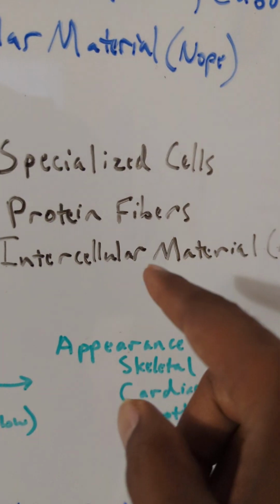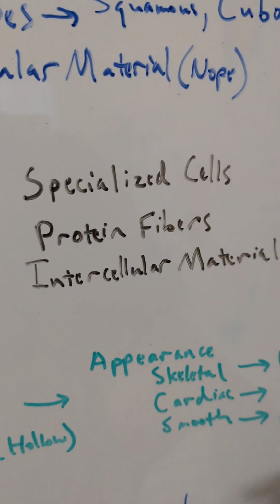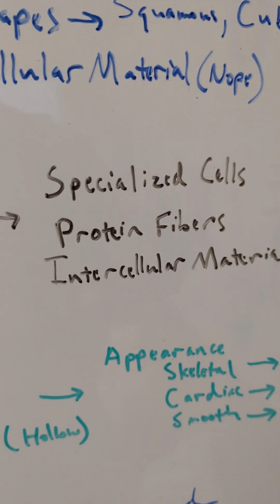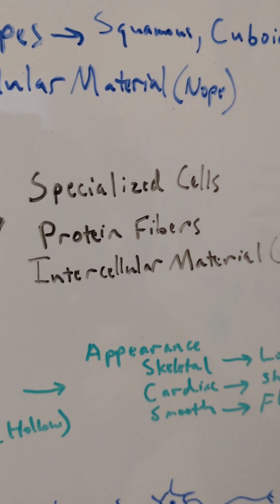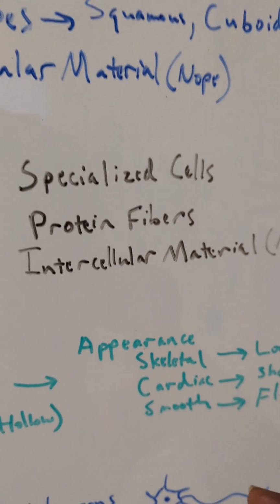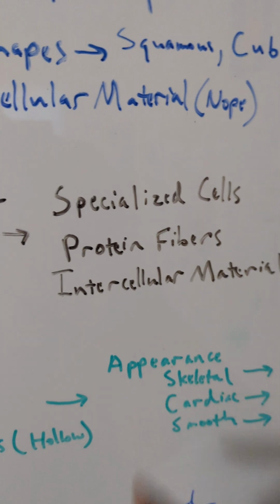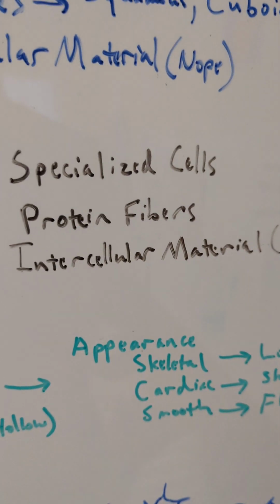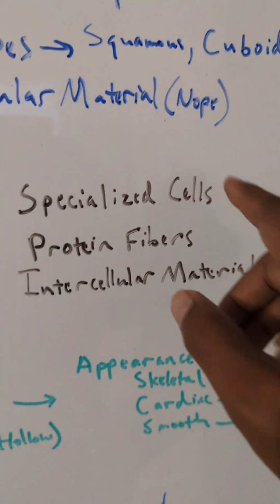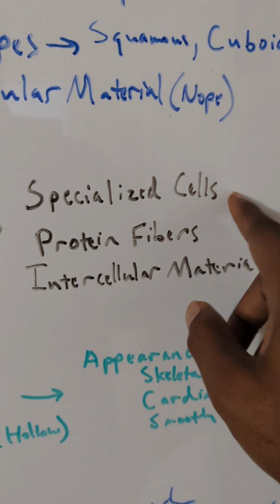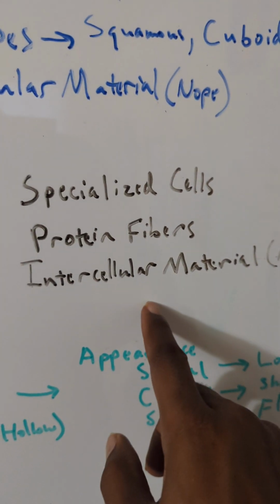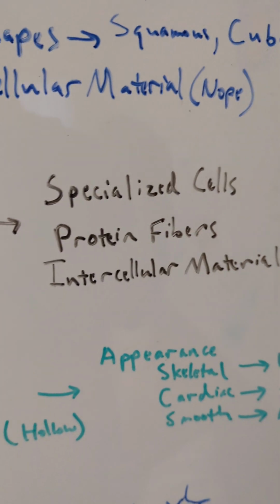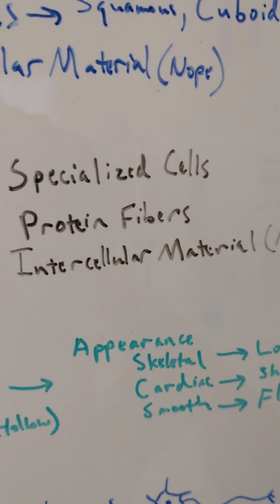The matrix, the content that's surrounding the cells, will also determine a lot of details about the function of a particular connective tissue. So when you're learning the connective tissue and when you're trying to identify connective tissue on a test, you've got to identify the cells that are in it, the fibers that are in it, and the stuff that it's swimming in. Think of it like a bowl of cereal.